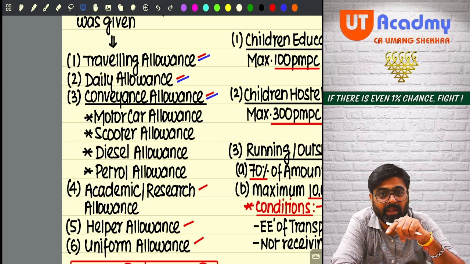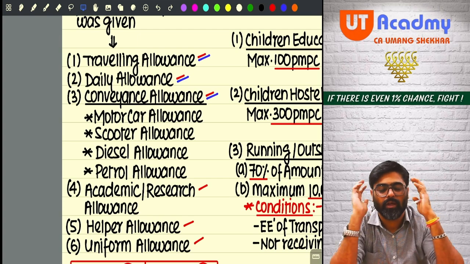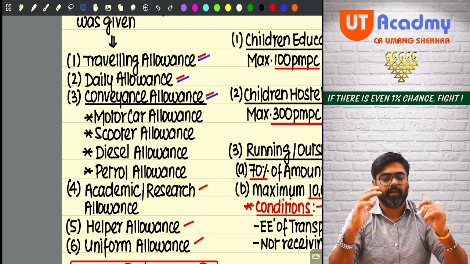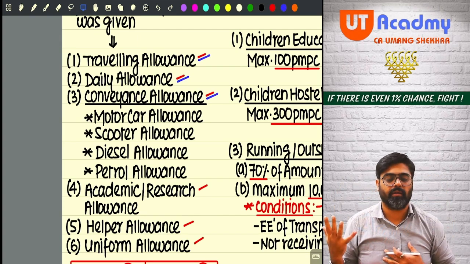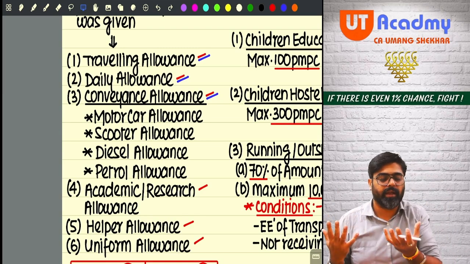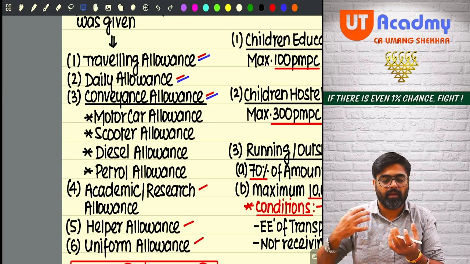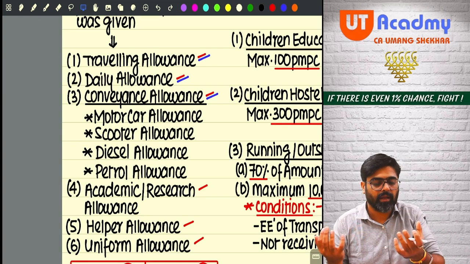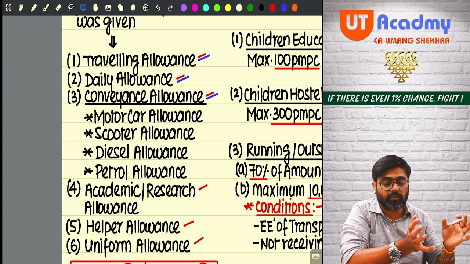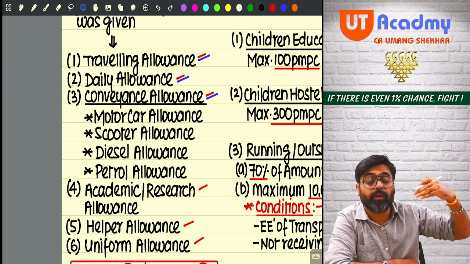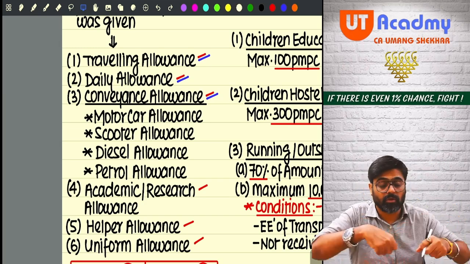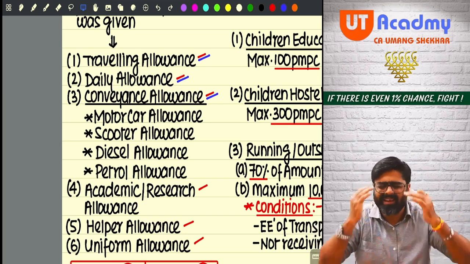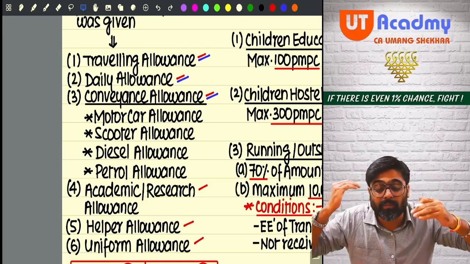To remember these names, you will have to make a story. Close your eyes and think: I am traveling. I am traveling daily in a conveyance. Assume a conveyance. It can be a motor car, it can be a scooter, whatever conveyance comes to your mind.